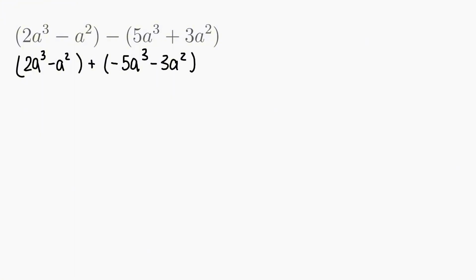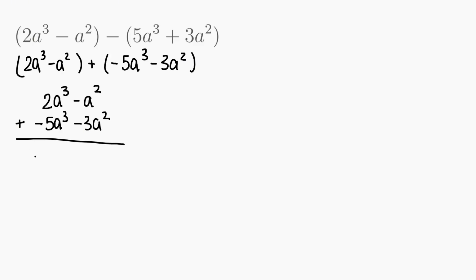Now we can add, and we don't have to worry about that negative sign. So this becomes 2a cubed minus a squared, adding minus 5a to the third power minus 3a squared. This becomes negative 3a cubed minus 4a squared.